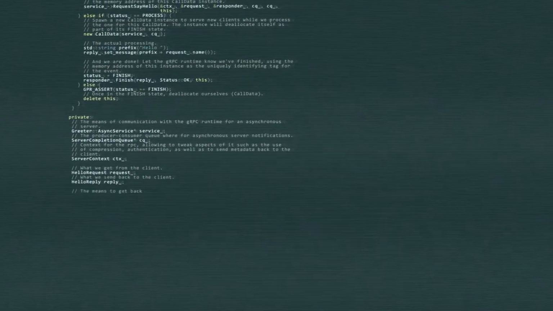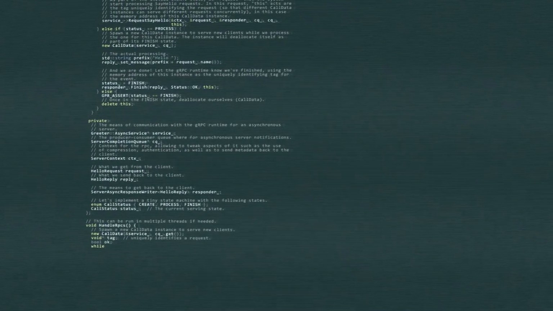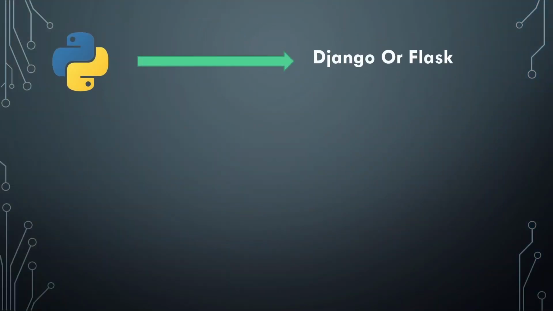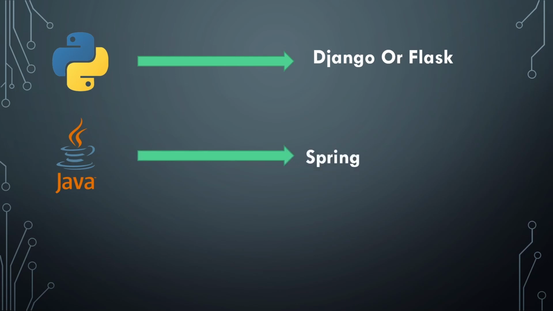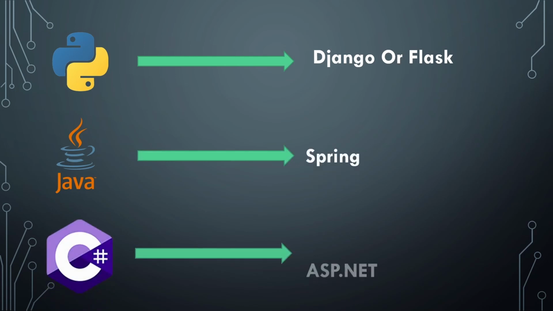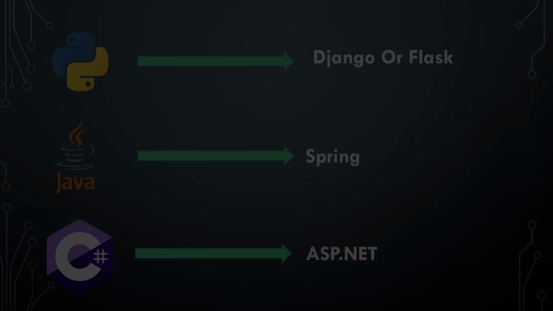They also allow you to write code faster, making you more productive, and they offer features like load balancing and caching. For Python, use Django or Flask. For Java, use Spring. For C#, use ASP.NET. So if you decided to learn Java in the beginning, you'll learn the framework associated with it, which is Spring.